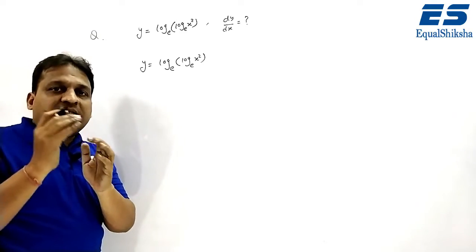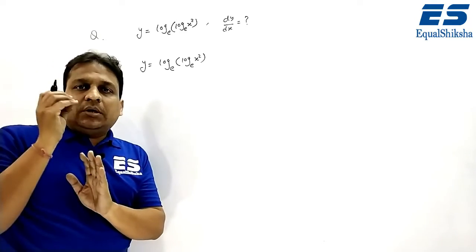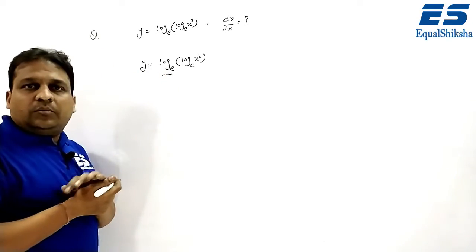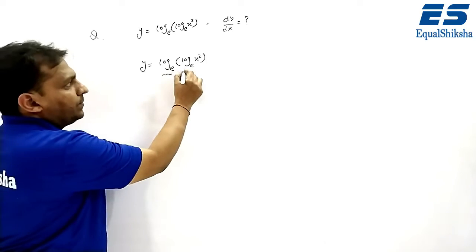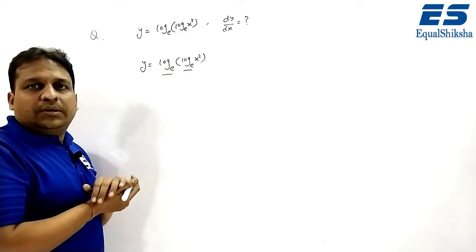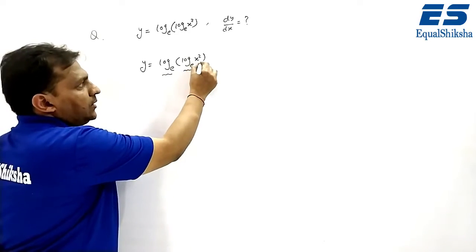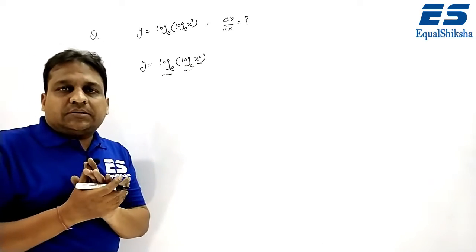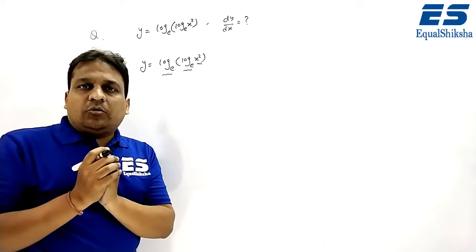So in such a type of question, first we have to count the number of functions. Here this log will be the first function, this log will be the second function, and x square will be the third function. It means there are three functions. Now we have to find the value of dy by dx.